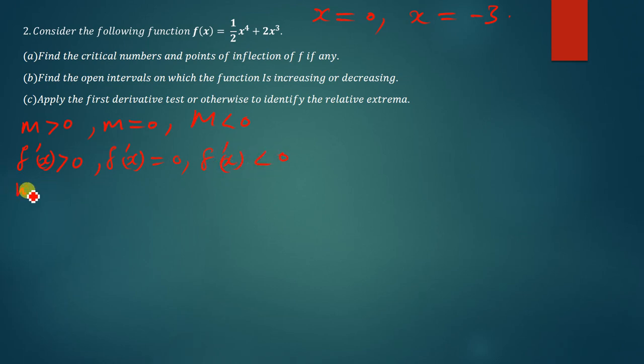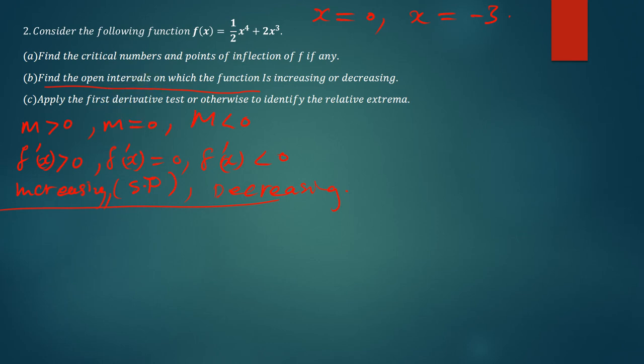So this part is for the increasing part, this one for the stationary point, meaning at a maximum, minimum, or point of inflection. And this other part is for the decreasing part, the decreasing side of a curve or a function. These are the most important things you need to note on this question.